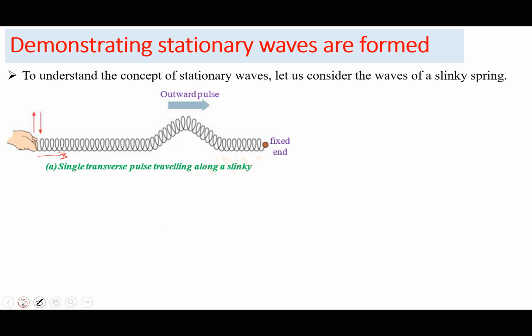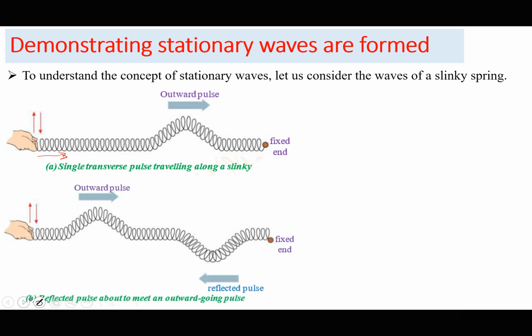And at the fixed end, what arrived as a crest is going to return, and it is going to move in the opposite direction. But remember, a continuous progressive wave is being sent from the left towards the right.